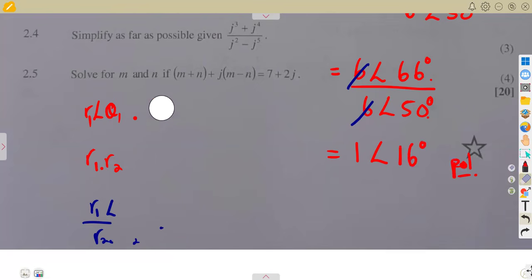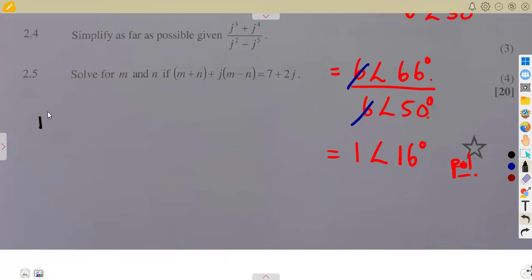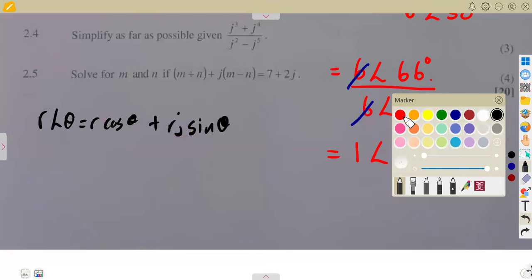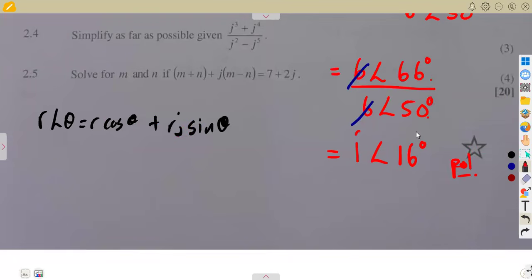But the question is, we are supposed to have this in a rectangular form. So how am I going to convert R angle theta to a rectangular form? Remember, this is R cos theta plus RJ sine theta. So meaning to say our R is 1, then this is our theta. So that is going to be 1 cos theta, which is 16 degrees, plus 1J sine 16 degrees.